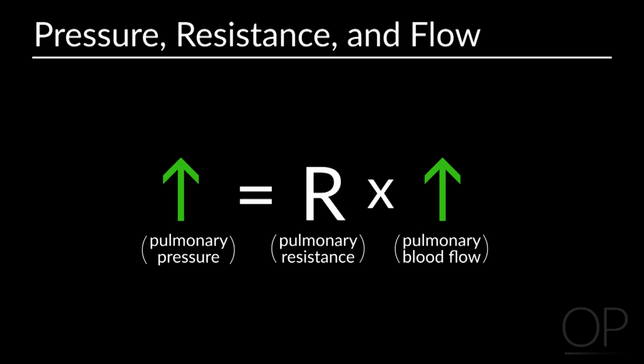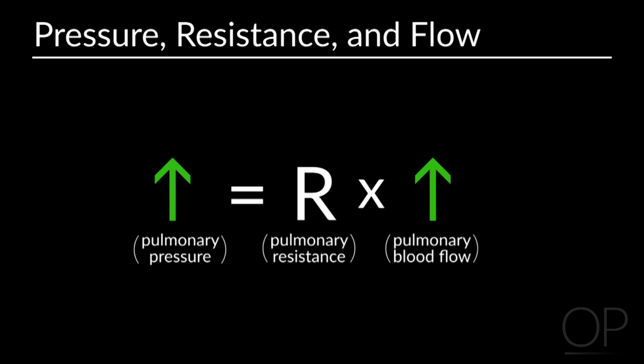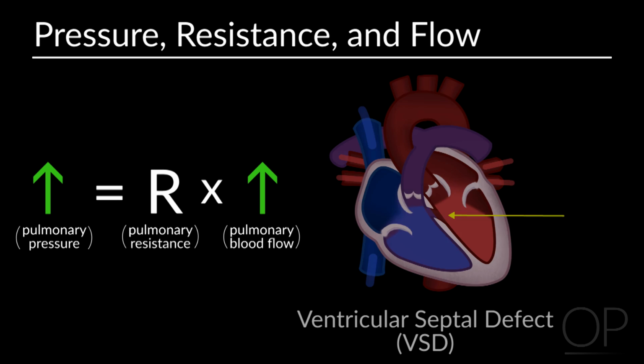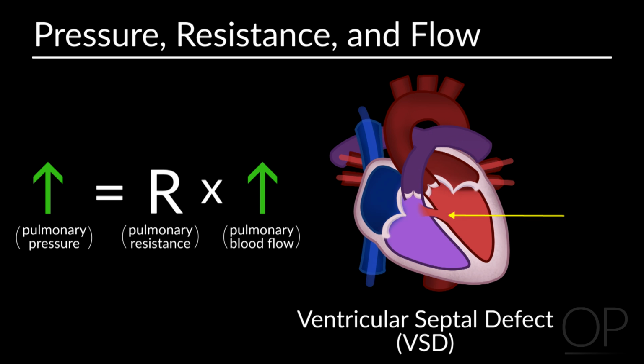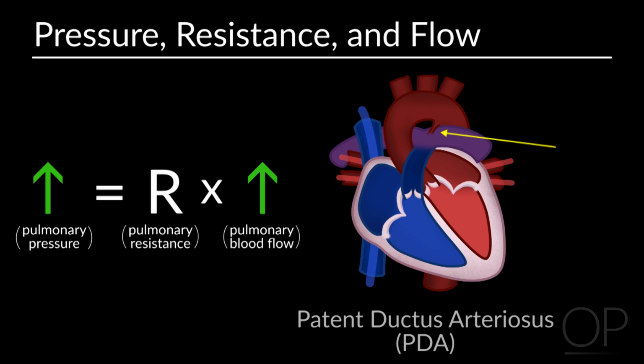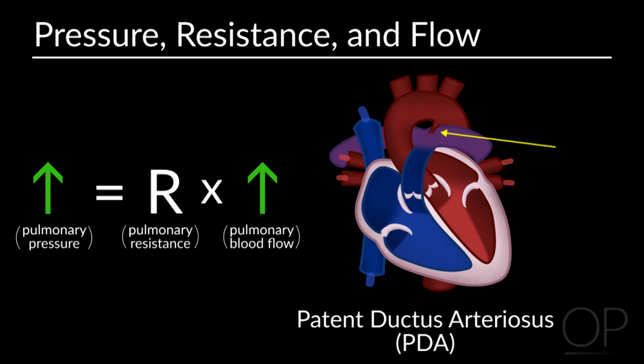This can happen in cases of pulmonary overflow, which we might see in patients with VSD, large ventricular septal defects, or in babies with a large patent ductus arteriosus.